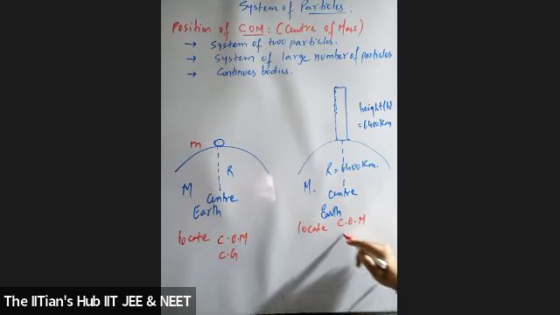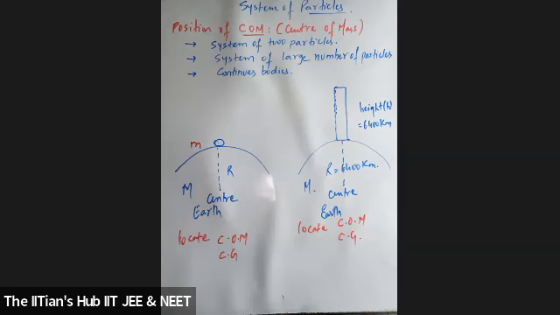For the first case, the center of gravity will be at the base where the ball is touching the ground, and the center of mass will be in the geometric center of the ball. Okay.